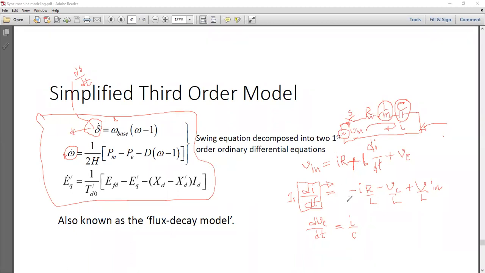So what is the state space model? In general, the state space model will look something like this. I'm writing it in general. Later on, I will try to make it look like this. So first of all, I will take the general form of the state space model, and then I will show how it looks similar to the model that I'm writing in general.